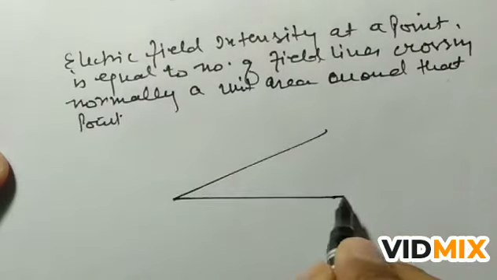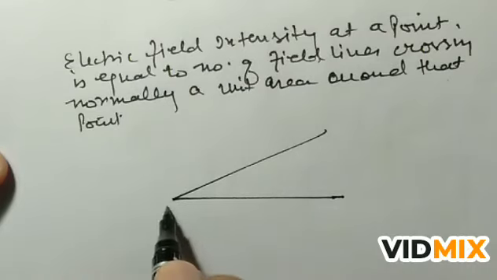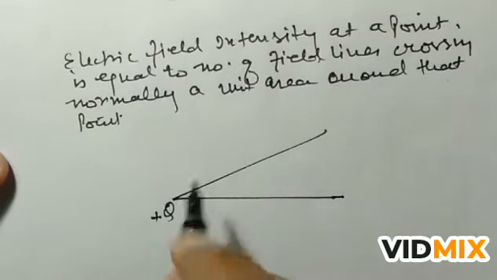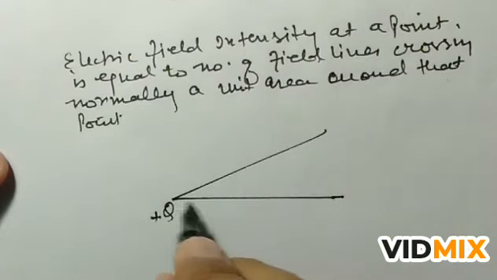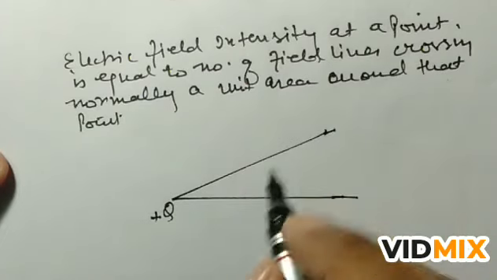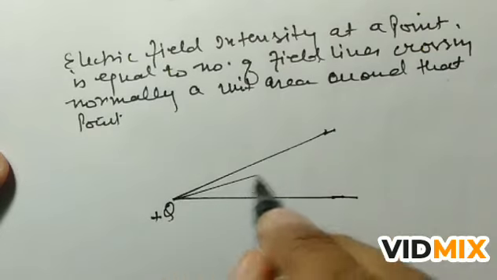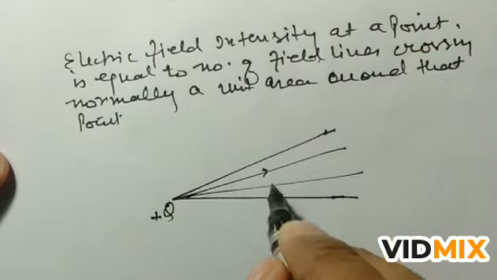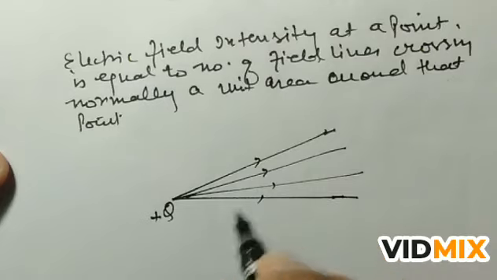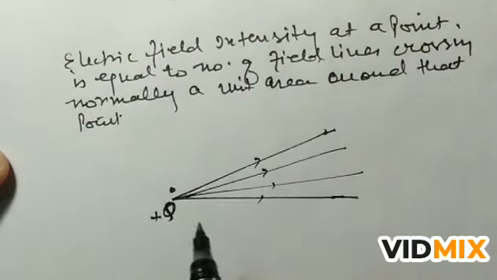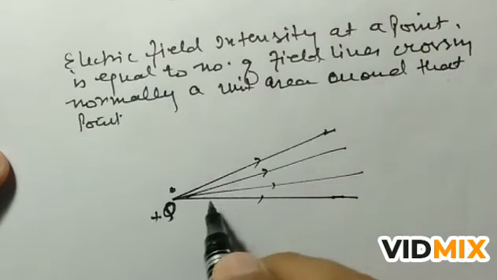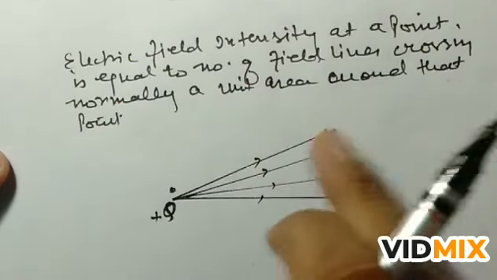Suppose a source charge plus q is kept at the origin or apex of this cone. This is a cone, and these are the lines of force. The source charge q is kept at O, and the number of radial field lines in a given solid angle is the same.